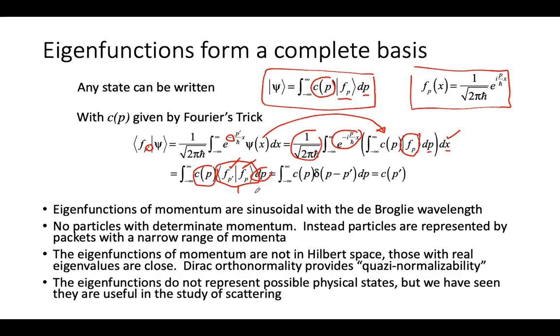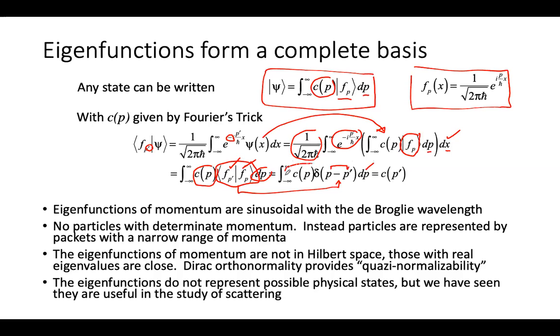Well, Dirac orthonormality told me what the answer to that was. That's the thing that sort of takes the place of normality for a discrete function, which does go to 0 out at infinity. Is this as close as we can get here? We put that in, and remember how you do an integral with a Dirac delta in it. All it does is say wherever there's a p, you can replace it with p prime because I'm integrating over p.